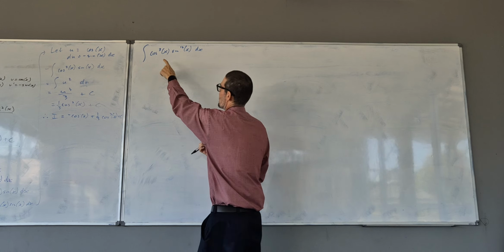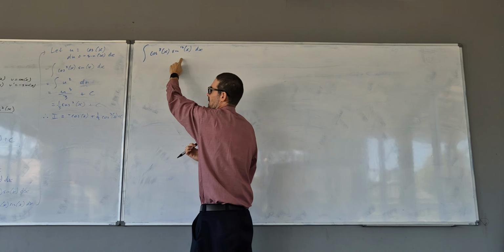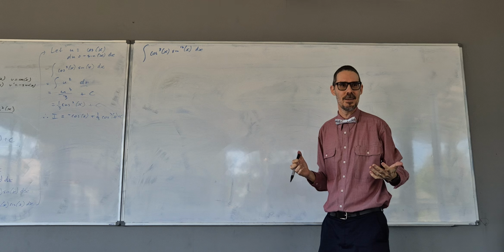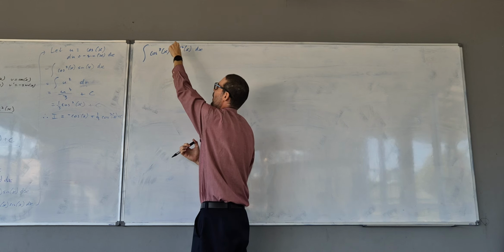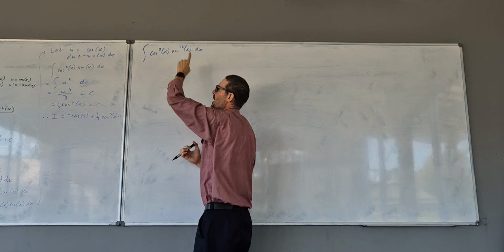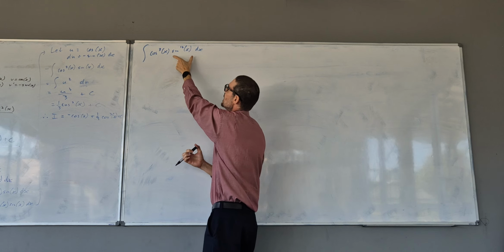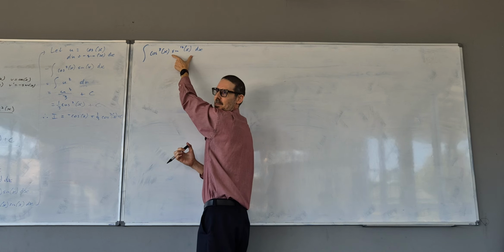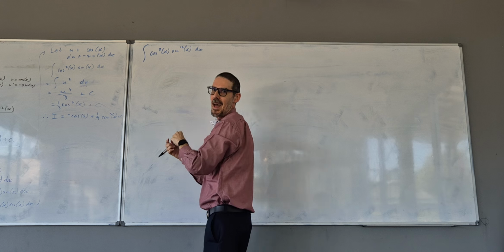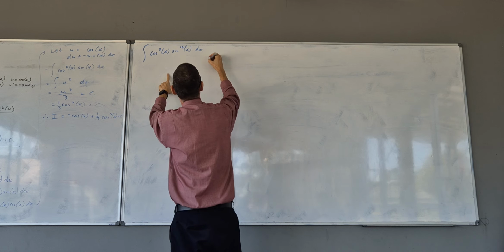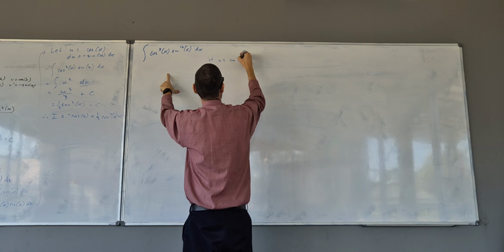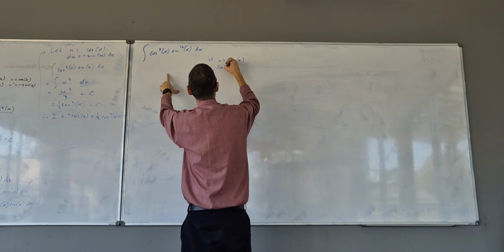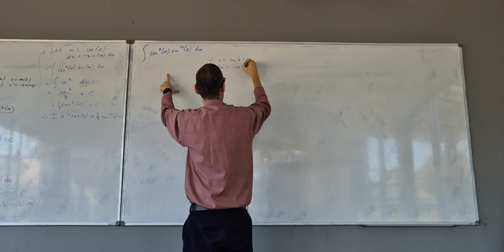So I can, because cos is a derivative of sine, or sine is a derivative of cos, doesn't matter. But because there's a bigger power on the 10, this is my more complex expression. So I want to substitute u being sine x, and I'm just going to get a cos out of that. So let u equal sine x, so du is cos x dx.